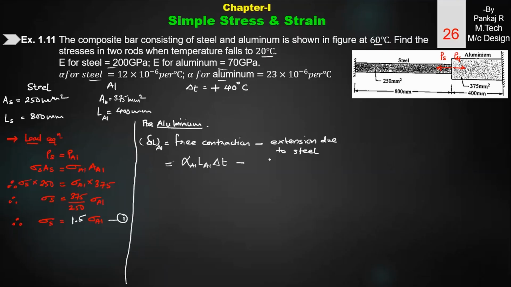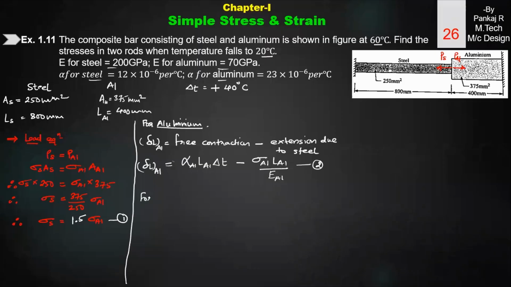Extension due to steel. What is the extension due to steel? It is the sigma for aluminium, the force exerted by the steel. So it is sigma for aluminium, then L for aluminium upon E for aluminium. Okay, now this is my delta L for aluminium. Let's say this is equation 2.